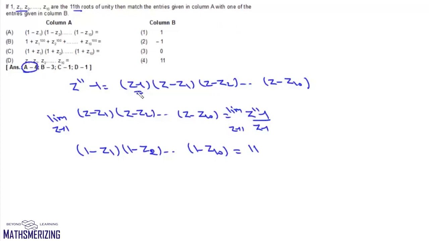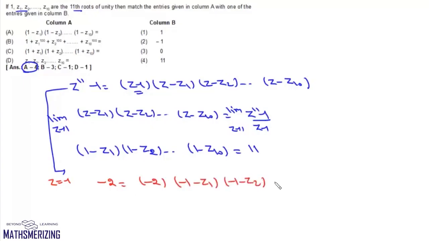Now rather than taking z as plus 1, if we take z as minus 1, on the left hand side we'll get this as -2. Here also it will be -2, and then (-1-z1)(-1-z2)...(-1-z10).